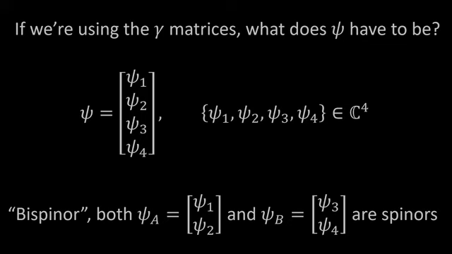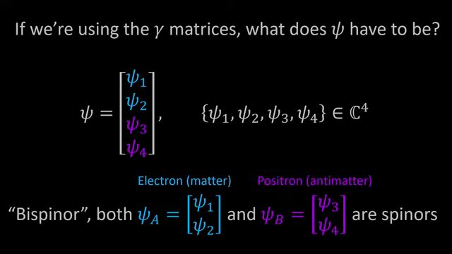So psi in the context of the Dirac equation involves 4 complex numbers at every point in spacetime, but those 4 complex numbers really should be thought of as 2 spinors, where each spinor is a pair of complex numbers. For reasons that we'll see in future videos, when you write psi as a column vector like this, psi1, psi2, psi3, psi4, where each one is a complex number, then the first number, psi1, corresponds to a spin-up electron.